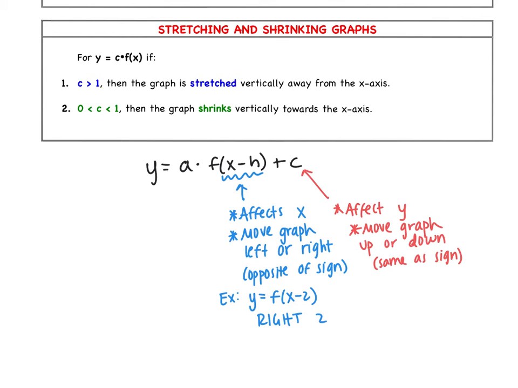So it's the same as what you think it's going to be. So if this new equation in red is the equation that we are looking at, the -2 is outside of the parentheses. That tells us that we're affecting y. -2 on our y-axis is going to be down. So this will move our graph down 2.